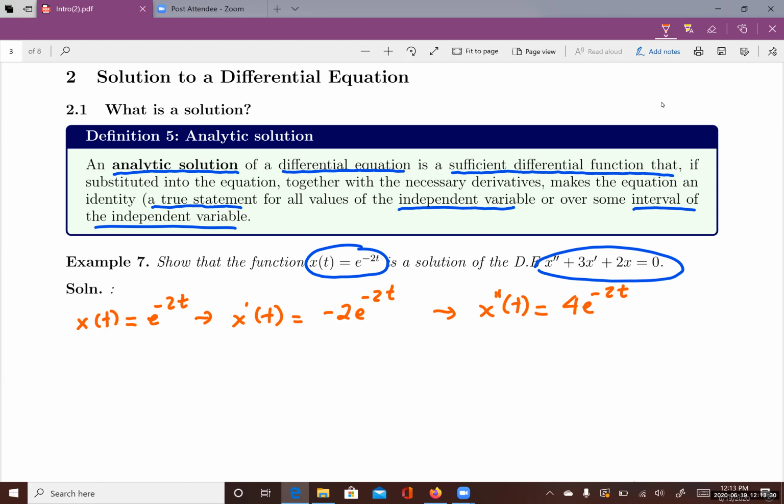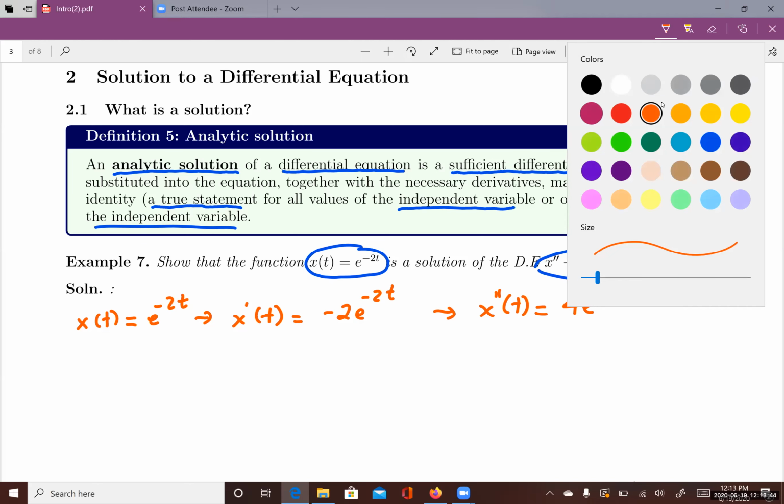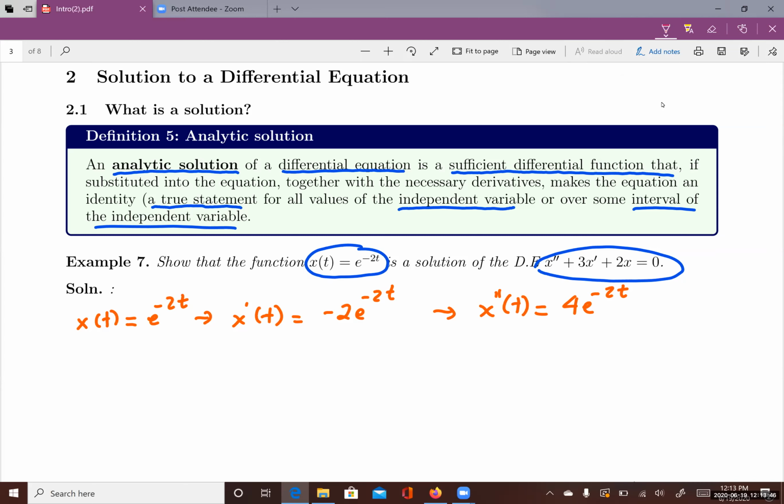Well, at this point, I have x, I found x prime, I found x double prime. Now I just plug these 3 into this equation. So in the equation, first I have x double prime, so I just bring the x double prime down here, 4 e to the -2t, right?